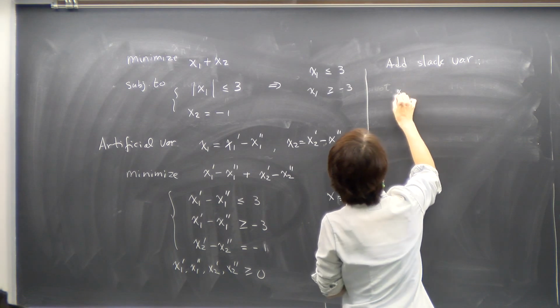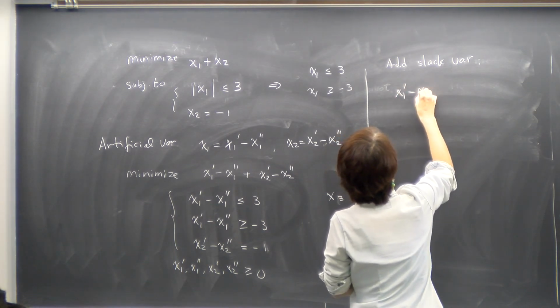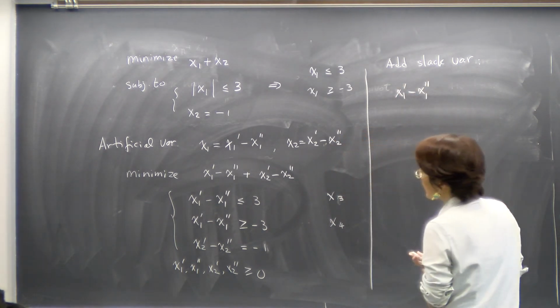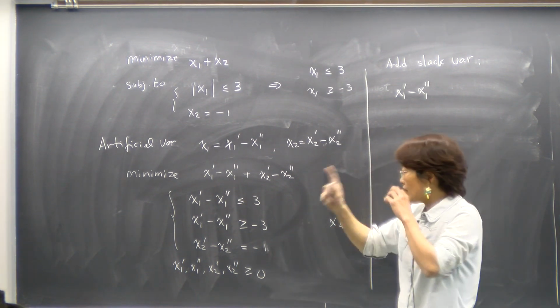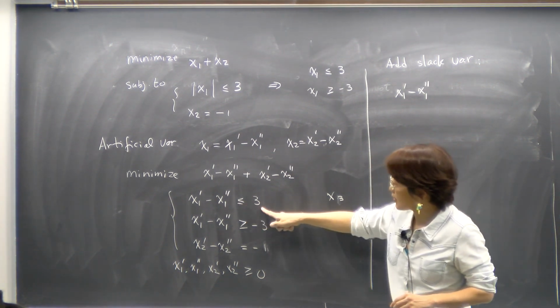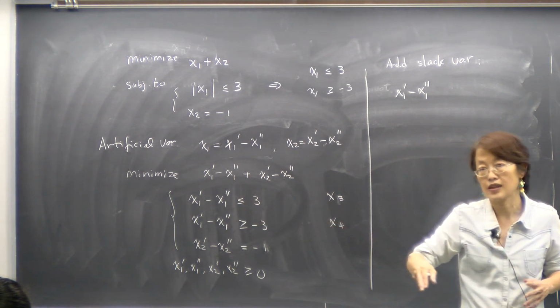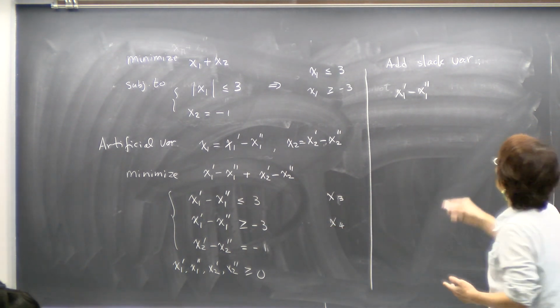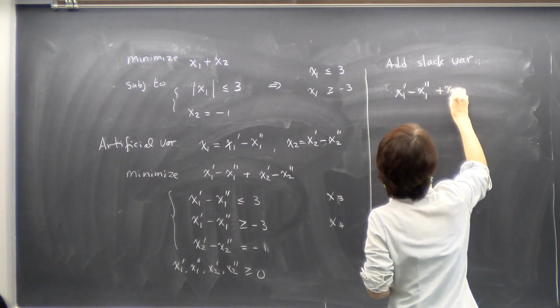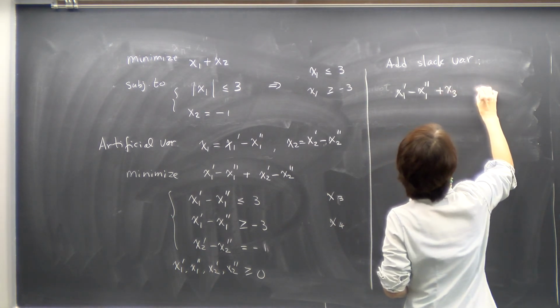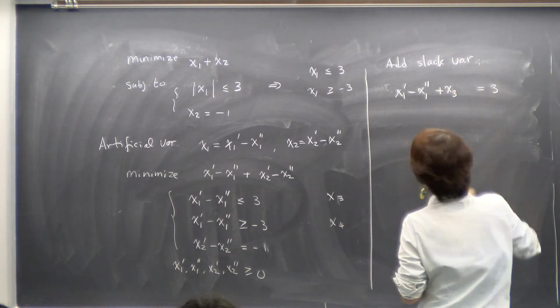So the first one will be x1 prime minus x1 double prime. This is how I remember it: it says less than or equal. If I want to make it equal, I need to make the left-hand side a bit bigger, so it's plus x3. Is that clear? That will equal 3.